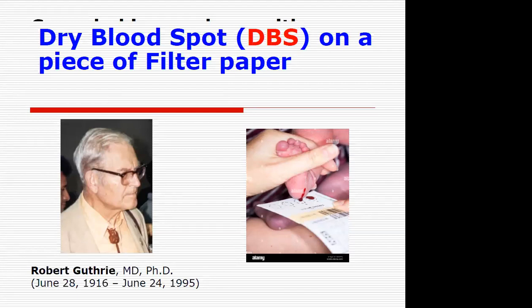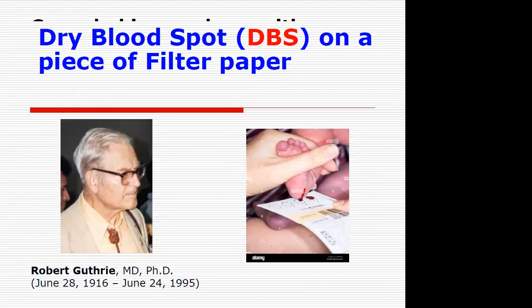But that was just one of the metabolic disorders, and as I said, there are over 50 metabolic disorders which could not be recognized just by the microbiological test that Guthrie invented. So historically, Guthrie is the inventor of the screening process, and what he did is still going on.